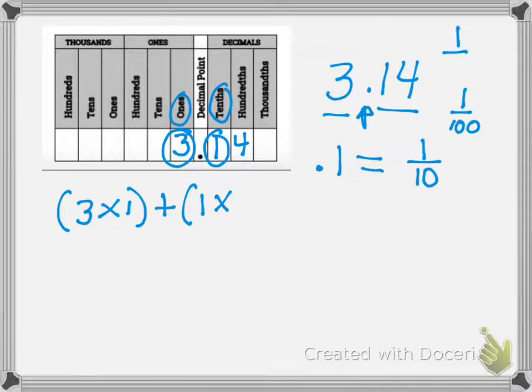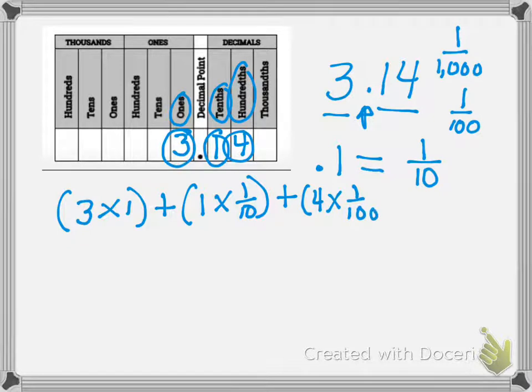Thousandths would be 1/1000ths. So the 1 is in the tenths place, so we're going to times it by a tenth. And then we add our 4, which we times by 1/100th, because it's in the hundredths place.